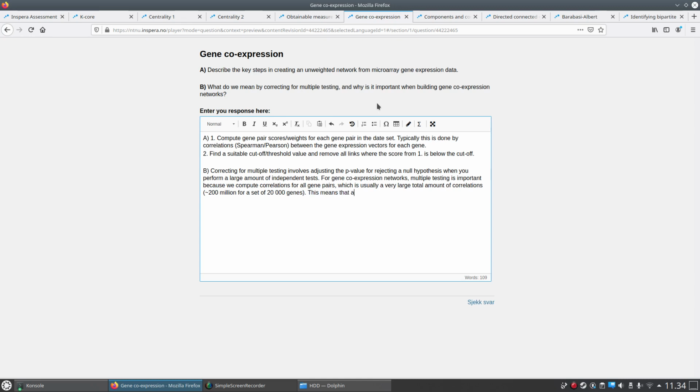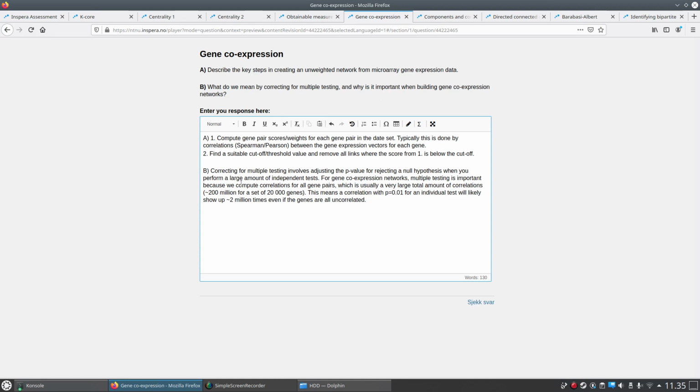This means that a gene pair with a correlation with p equals 0.01 for an individual test will likely show up about 2 million times, even if the genes are all uncorrelated.